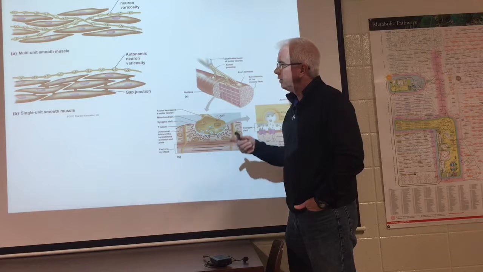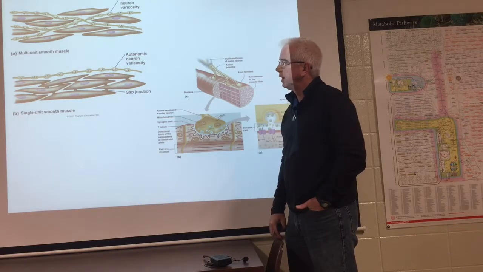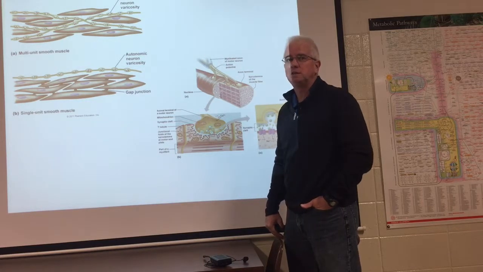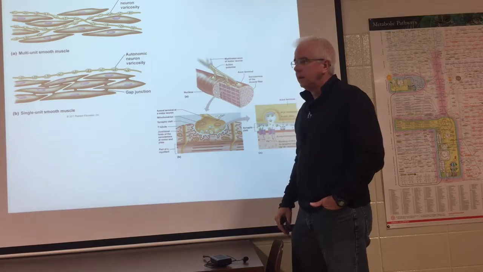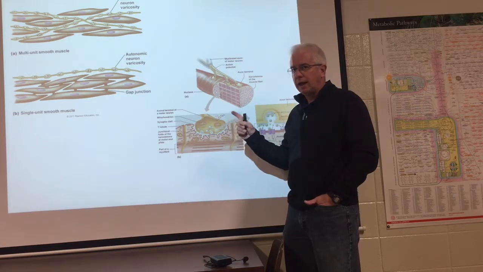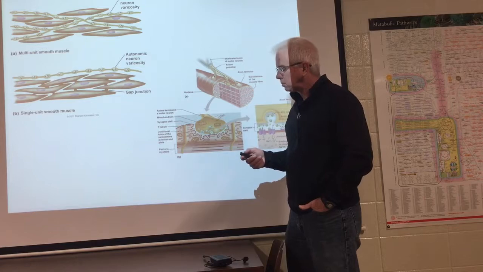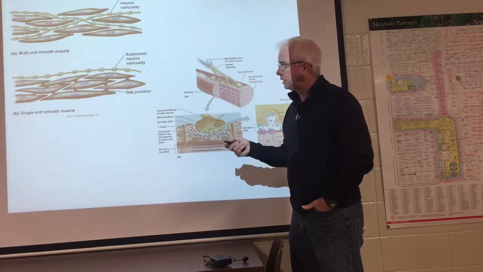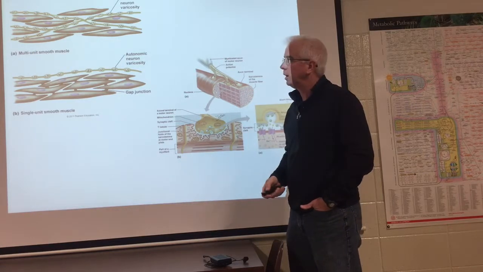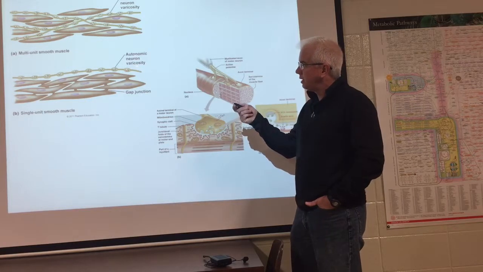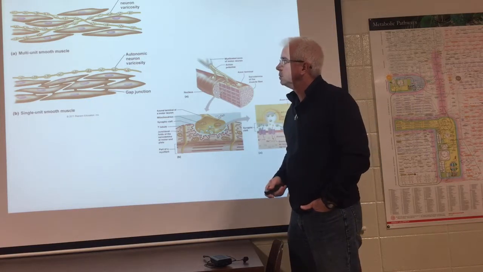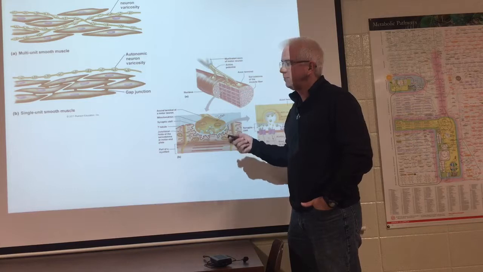We find that these guys tend to contract as units, whole sheets contracting. Now, the unusual anatomy for the innervation is, you can see illustrated here in a very dumbed down way. You can see here that the innervation from the autonomic nervous system here are called autonomic neuron varicosities.